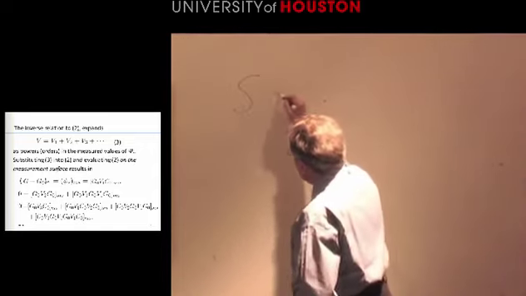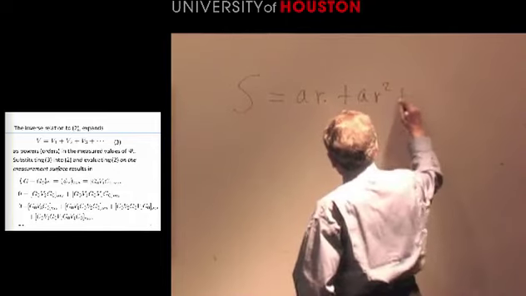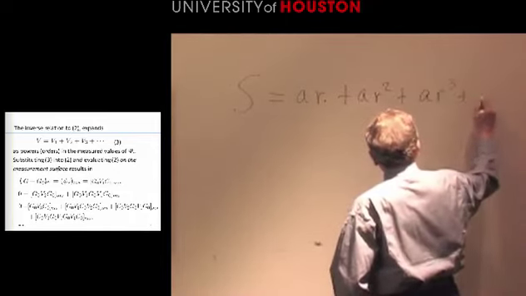If you have a geometric series, S equals AR plus AR squared plus AR cubed.